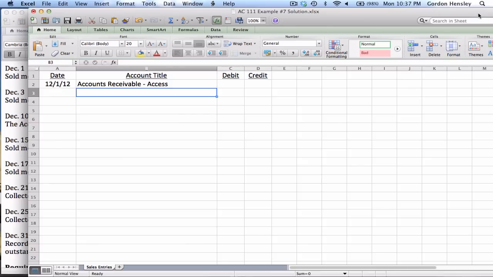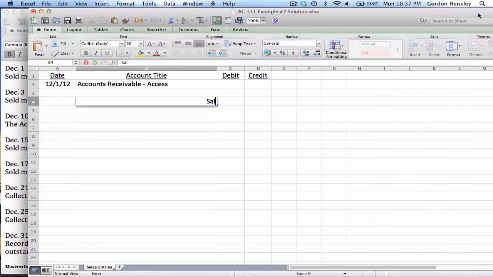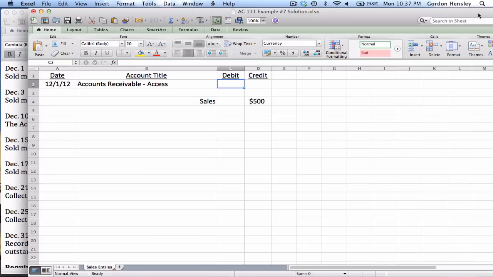Now they're also going to charge me a fee. So when I do this journal entry, I actually want to skip a space before I credit sales. Now the amount of the sale retail price was $500, but it's not going to match up because remember the credit card company charges me a fee. And it said at the beginning of the problem, this particular company charges a 2% fee. So I'm not going to get the entire $500.